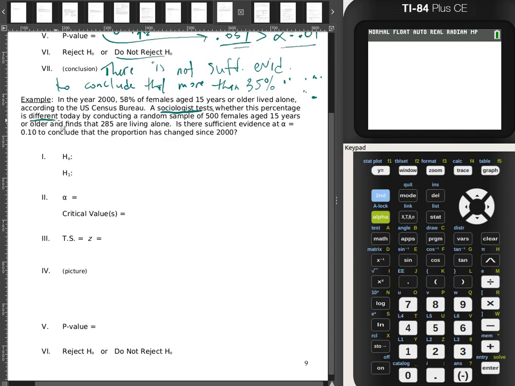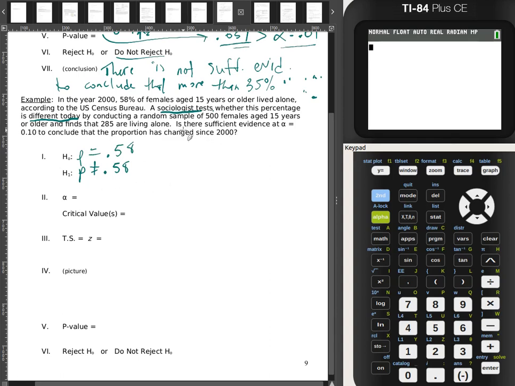So notice not whether it's greater or less, only whether it's different. So they're testing whether the proportion is not equal to 58%, against the original survey, which stated that 58% of them were living at home.